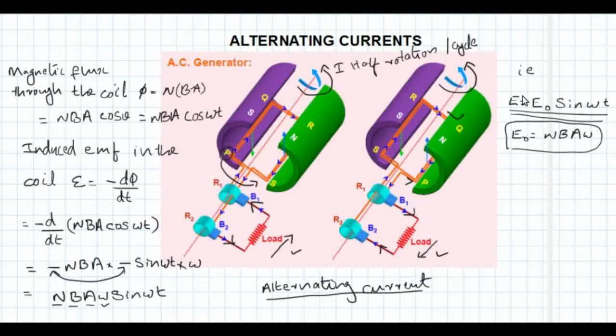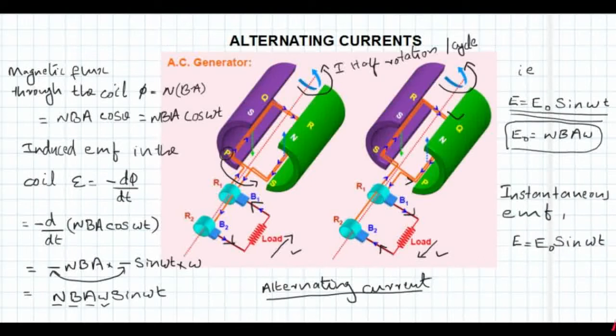Why is it called instantaneous EMF? Because in the equation E equal to E0 sin omega t, E0 is a constant, right? But the value of the right-hand side will change with respect to time, or with respect to omega t. So as the value of omega t changes, the value of E will change.